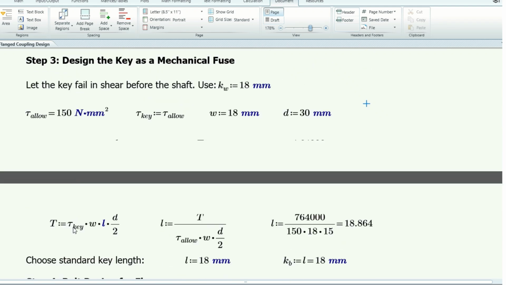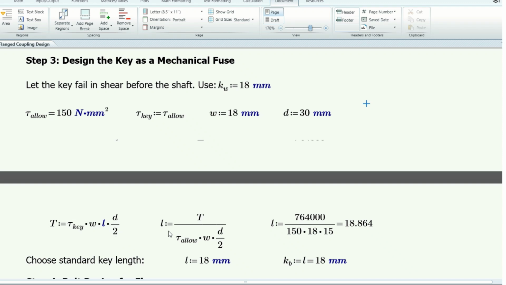T is tau allowed, which is nothing but the torsional stress at which the key will fail, times the width times length of the key times d by 2.